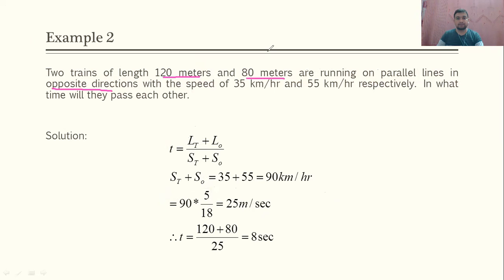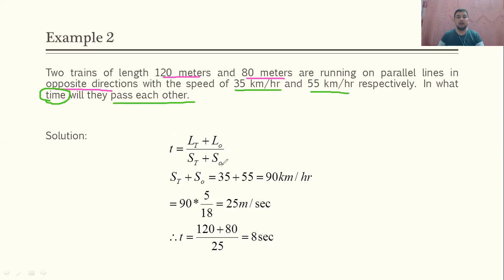Next, the speeds of the trains are 35 kilometer per hour and 55 kilometer per hour respectively. What is unknown here? The time they will pass each other. So which formula will you use? You will use case number 4: T is equal to LT plus LO upon ST plus SO. What are the two objects here? Both the objects are trains.